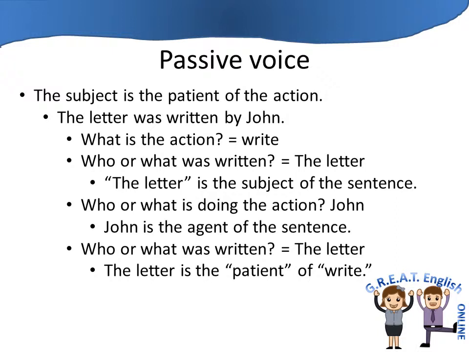So subject and object have to do with their relationship in the grammar construction. Agent and patient have to do with their relationship to the action. So that's important. Agents do the action, patients receive the action. Subjects are about whom or about what the sentence is.